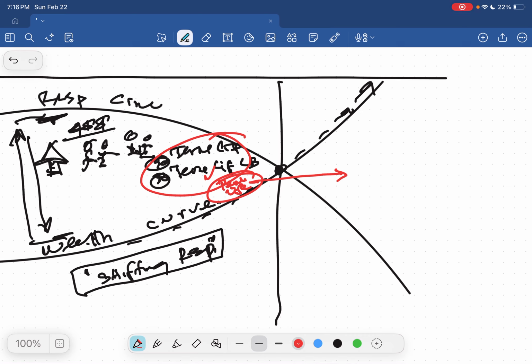Left side is term, right side is permanent, but you want to take this early as the financials allow because the cost is much lower. So for most clients, we may have a term in place.